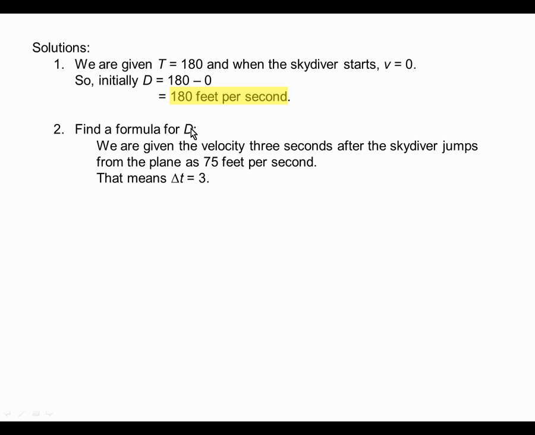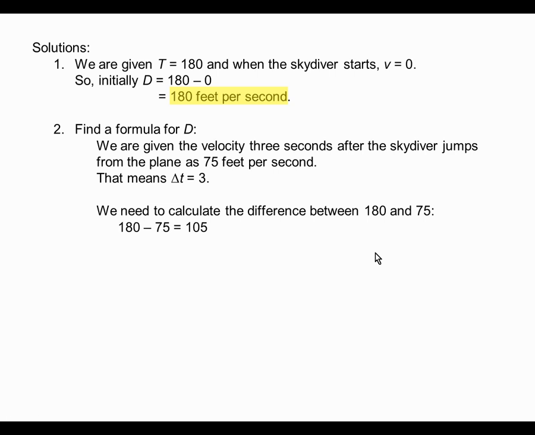Now remember, d is the difference between the terminal velocity of 180 and the velocity of the skydiver. So let's find the difference between 180 and 75. 180 minus 75 is 105. When we were doing exponential regression, we had our little table.